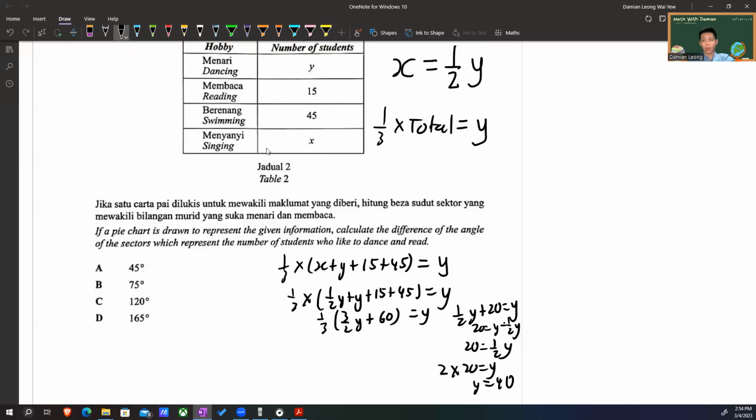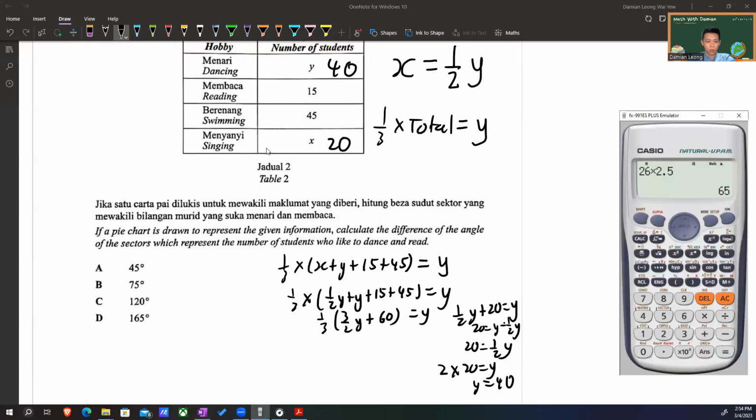Okay, x is half of that. Means it's 20 here, 40 here. So you see 40 plus 15 plus 45 plus 20 is 120. If I take 40 over 120, it is 1/3. Okay, so I want to compare the difference in angle. I can take the difference in number of students over the total times 360 degrees.